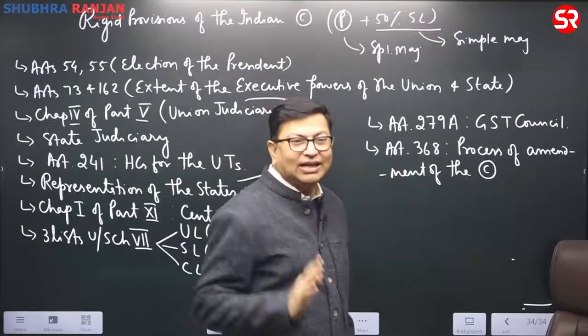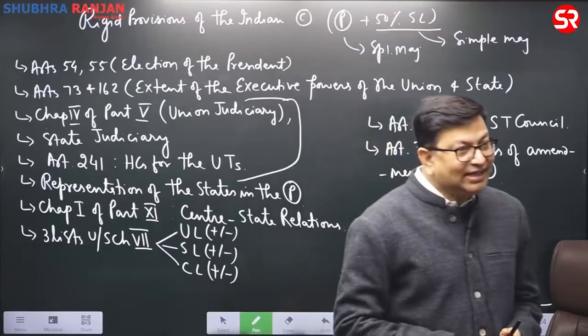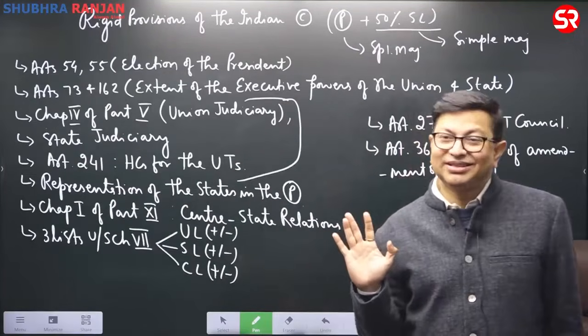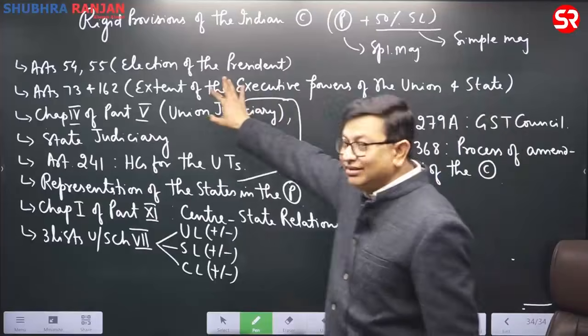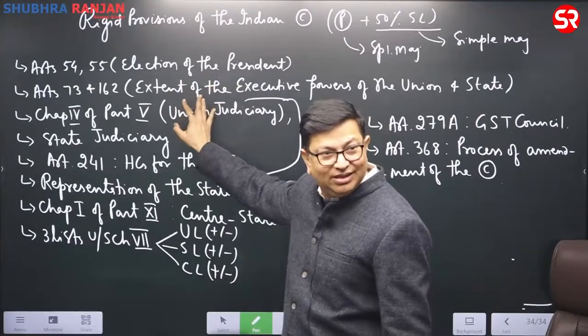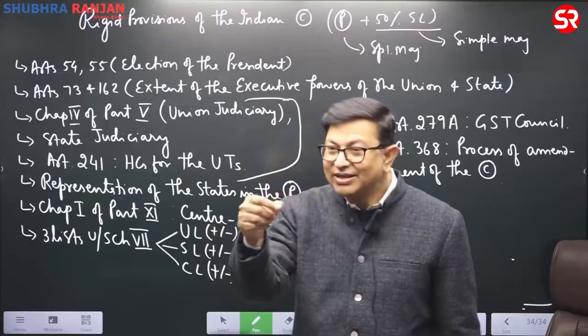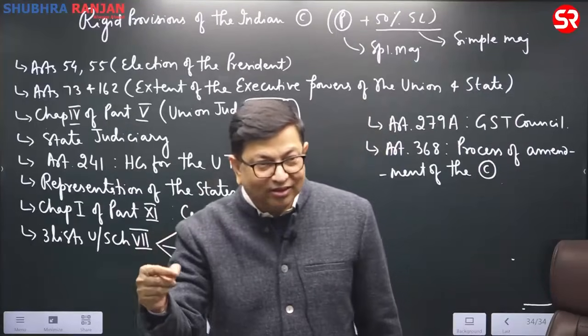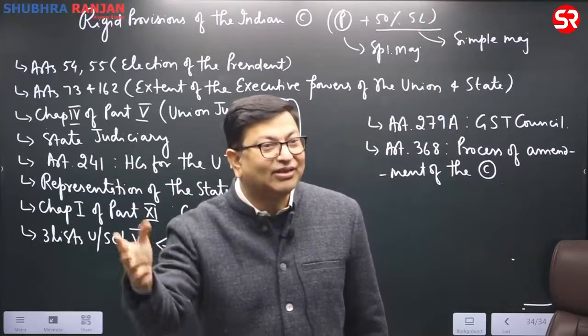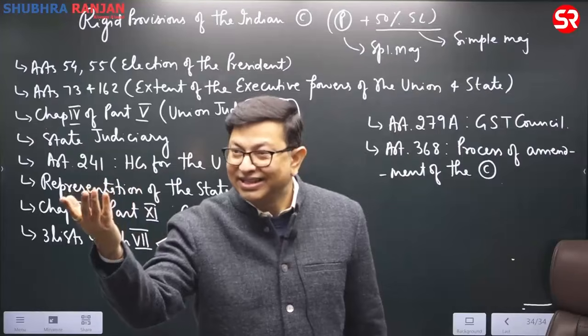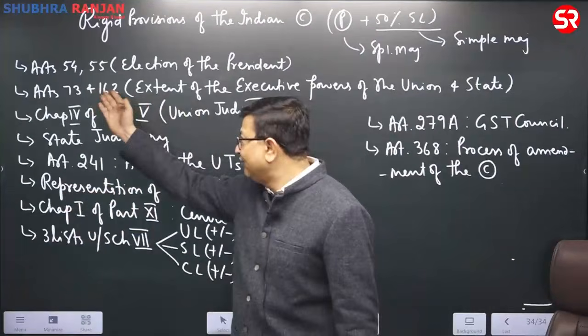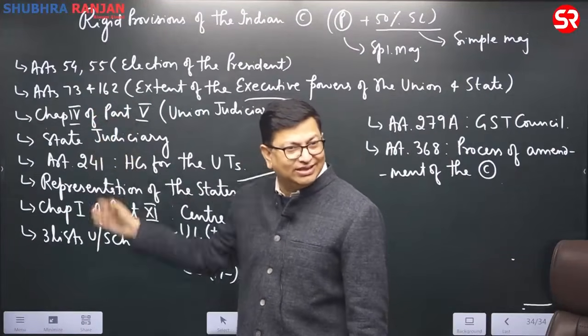The whole thing that I have written here, it is mentioned in Article 368, except this part. Except this part. तो बहुत mechanically constitution में they write, okay, these provisions can be amended, but with the consent of the ratification by 50% of the states or half of the states. And they have written a list like this, 54, 55, 73, 162 like this.